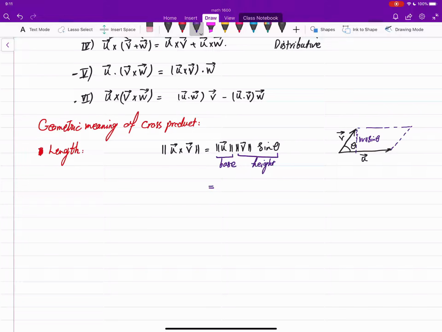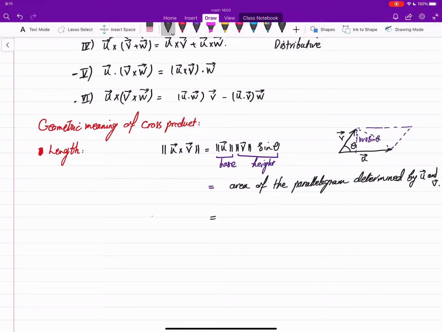So this is another interpretation: the length of u cross v is the area of the parallelogram determined by u and v. Or you can say that this is the area of the triangle, but you have to multiply it by 2.